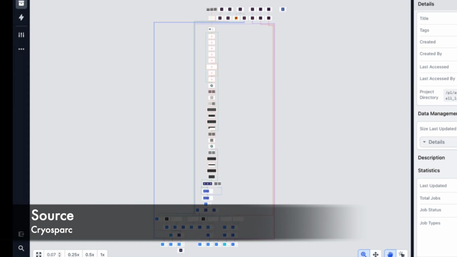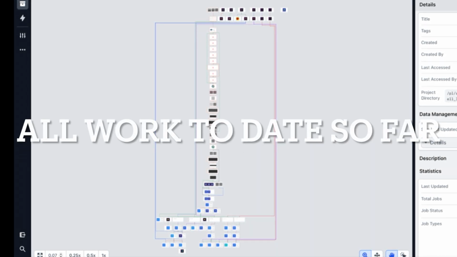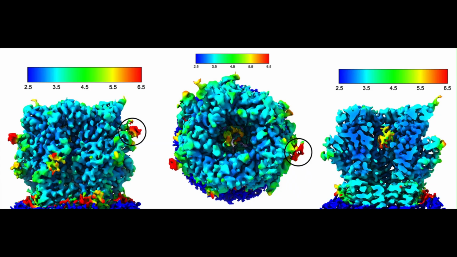Since then, I have graduated, been on vacation, and not done a super lot, but I have done some work on this project, and I'm just gonna share a little bit of what I've been doing. Looking first at something we found with that second local resolution that I showed you, it was good in that it showed us where this toxin was binding, but we didn't get the best resolution at that site.